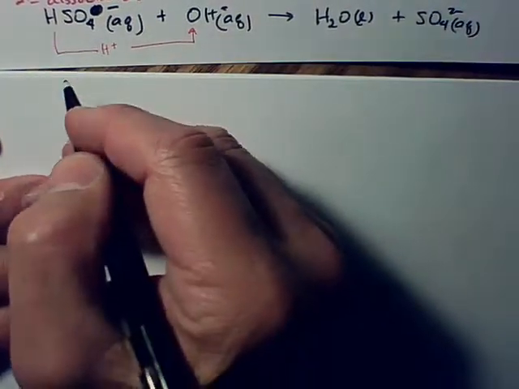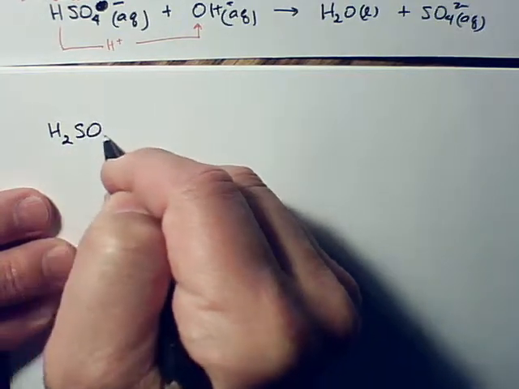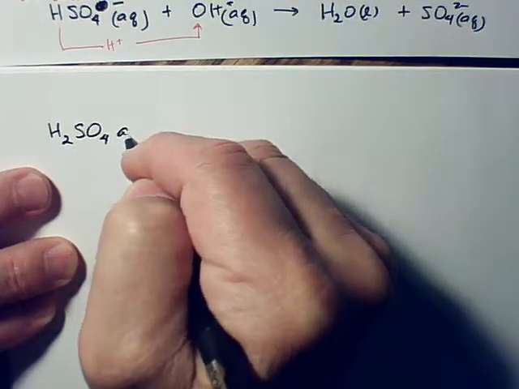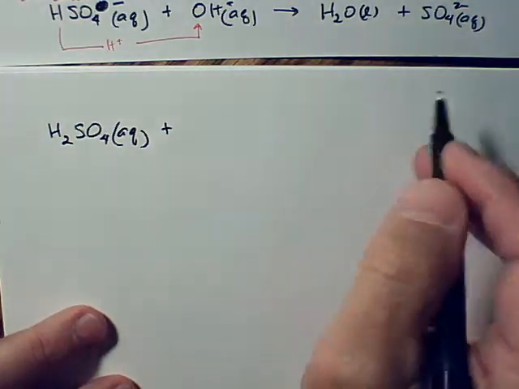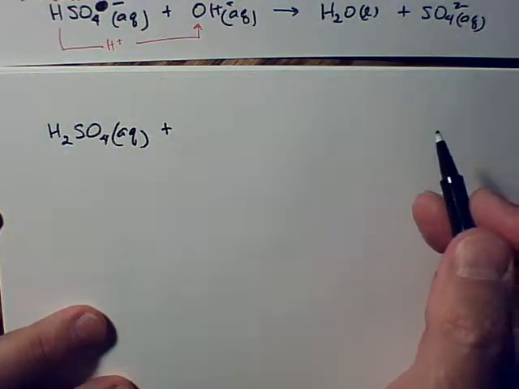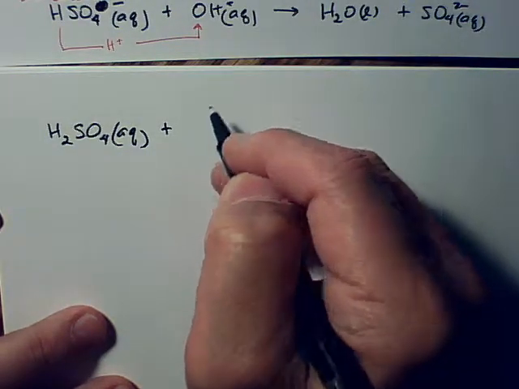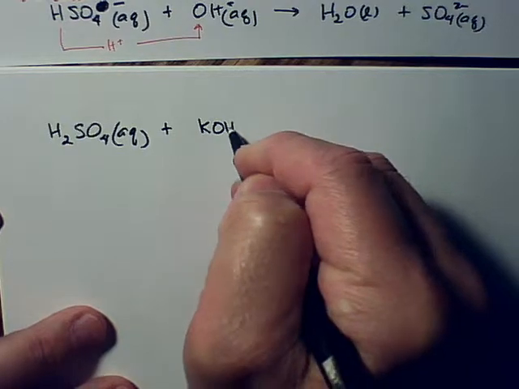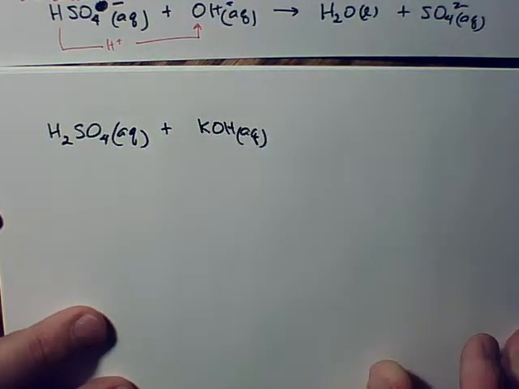Alright, so our first dissociation, I'm going to write it as having the acid here, and I'm just going to put the hydroxide part of things. Or I could put the whole formula in there. Let's go with the same base we used last Monday, potassium hydroxide.